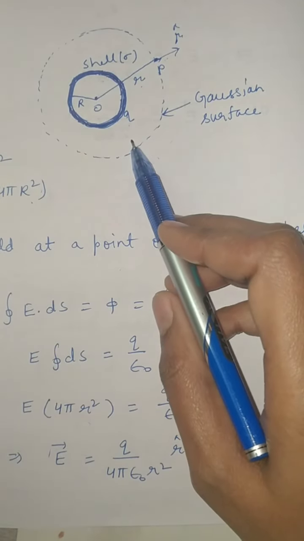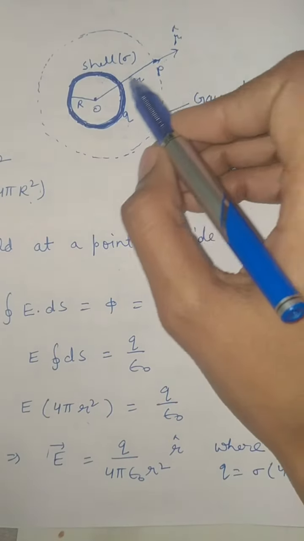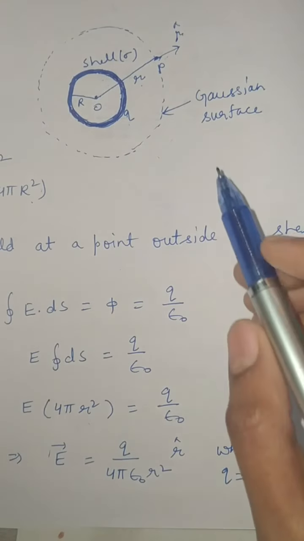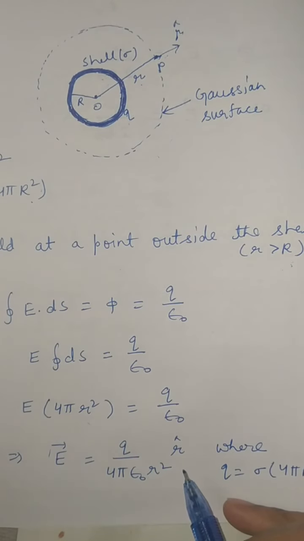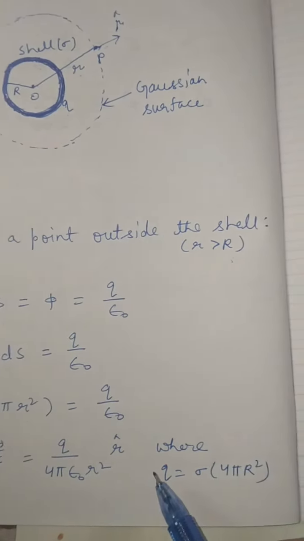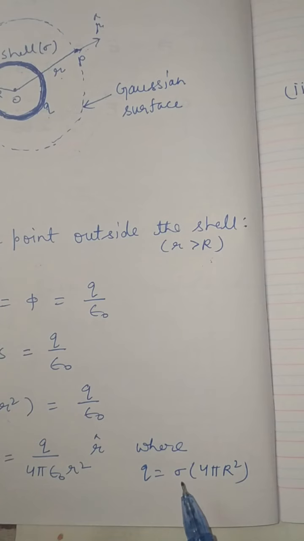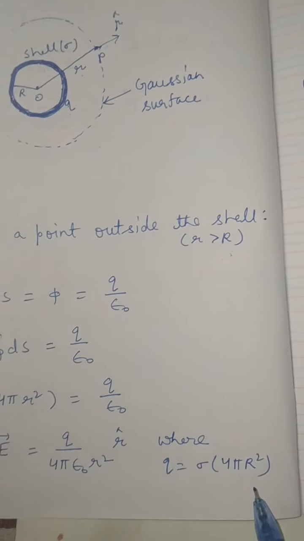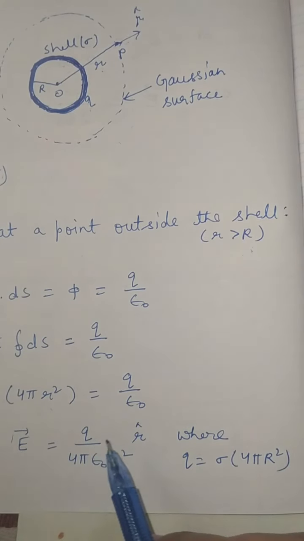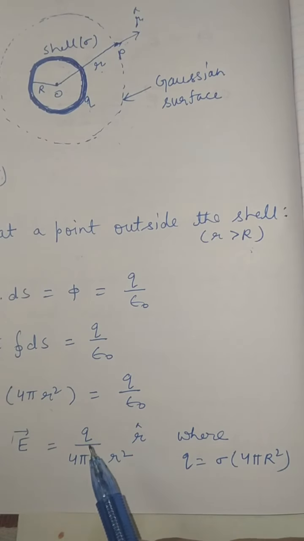If Q is negative, then the field will be inward, because this inward direction will be the direction of this unit vector. So this is the electric field due to a uniformly charged spherical shell, where the value of Q is obviously sigma into 4 pi r square. That also we can put in the place of Q.